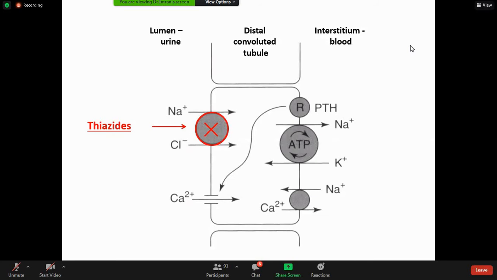When we inhibit the reabsorption of sodium and chloride ions, these solutes accumulate in the lumen, increasing the amount of solute. So it will catch water from inside to outside, and the water and salt are going to be squeezed out. This is how we can reduce the body fluid volume.